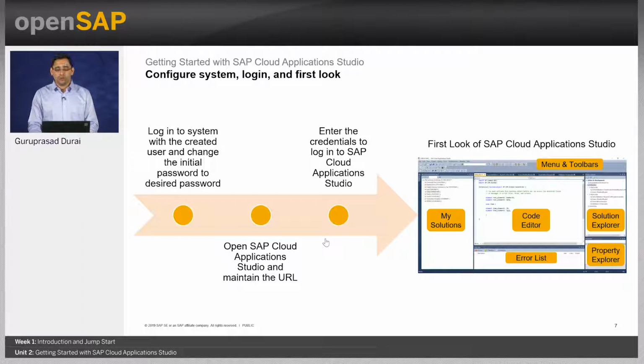To log into the Cloud Studio, one must refer to the SAP Business ByDesign URL and then provide the same in the Cloud Studio. Once this is done, with the credentials you could log into the Cloud Studio. Upon successful login to the Cloud Studio, you could see the various options available like My Solutions, Solution Explorer, Property Explorer, etc. I would show this in a bit during the demo.